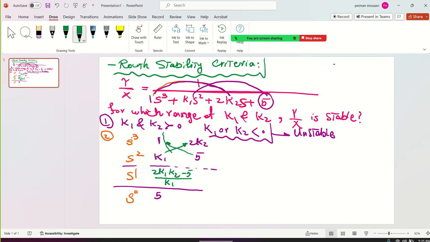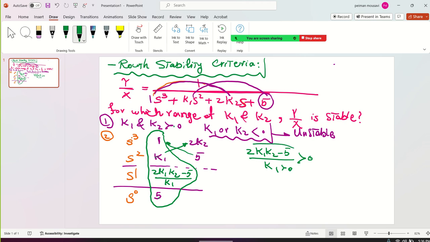So the condition was saying that the first column must be positive. So 1 is positive, 5 is positive, k1 already is positive. So this must be positive: 2k1k2 minus 5 must be positive. We already established k1 is positive.